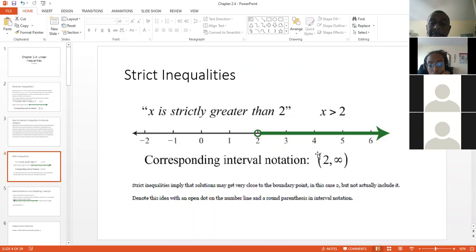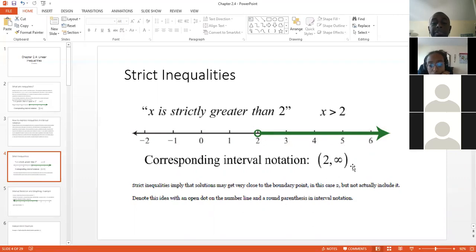So you might notice something different here. Instead of a bracket, there's a parentheses. The parentheses is there because you don't include the 2. It's very close to the boundary point, but you don't include 2. It's not inclusive. So whenever you have something that's not inclusive, use the parentheses. Infinity, we said that infinity is not a real number, so you can't include infinity inside the solution.